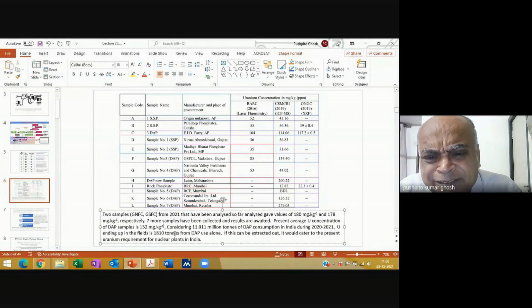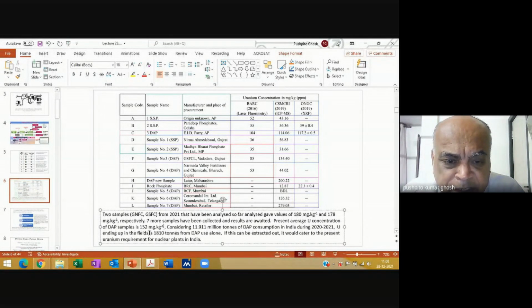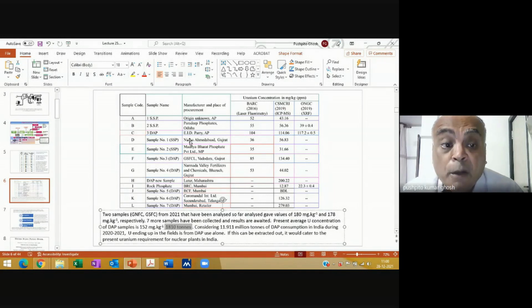Our requirement is around 2000 tons. So you can actually meet the entire requirement of the nuclear fuel industry in India if we recover the uranium from the fertilizer, or better still, if we can recover it from the phosphoric acid.